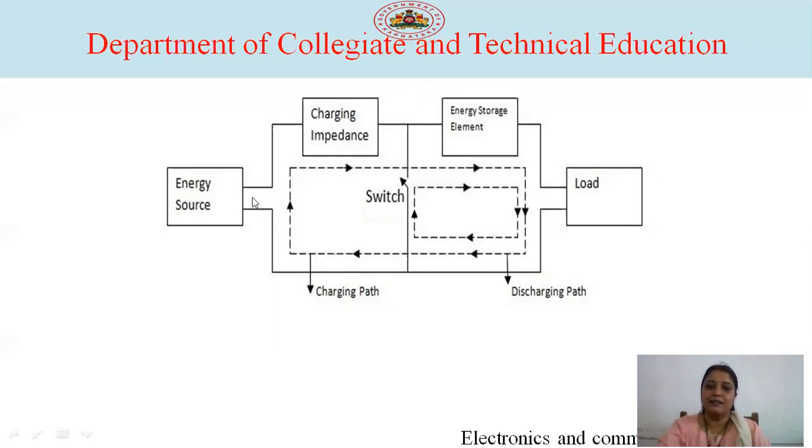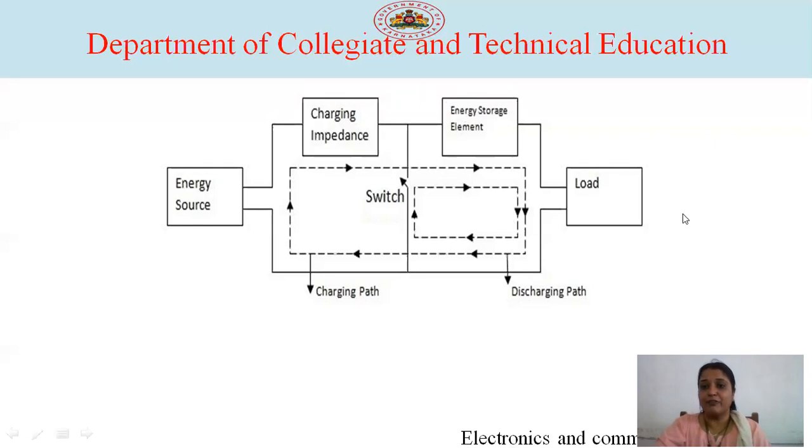The purpose of the charging impedance is to control the charging period, at what rate the energy storage will take place, whether it should be a very fast rate or a very slow rate. That rate of charging is controlled by this charging impedance. Now, this is storing the energy.